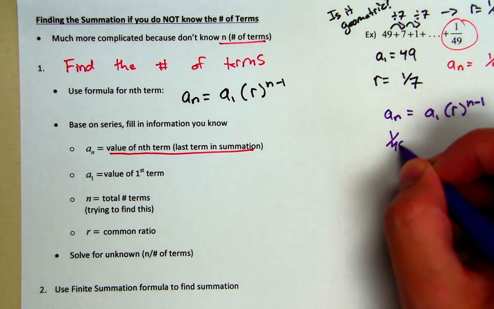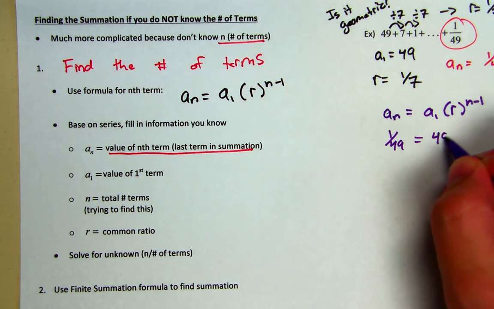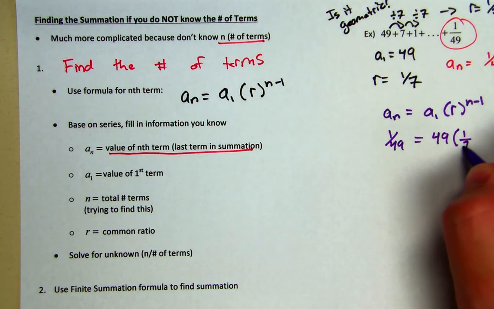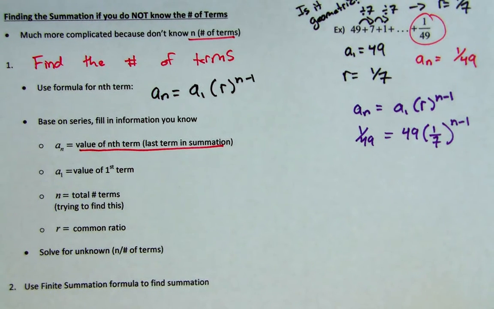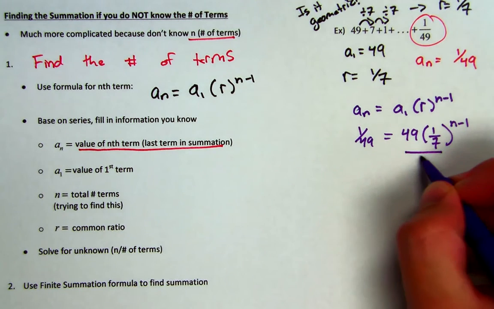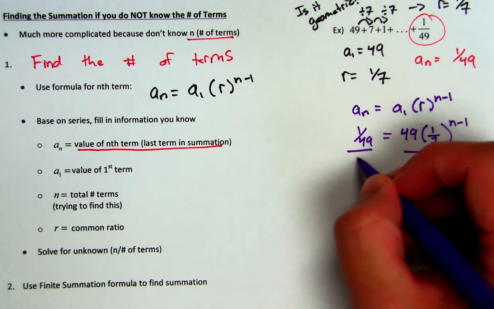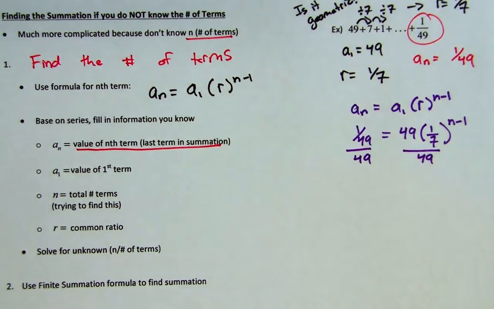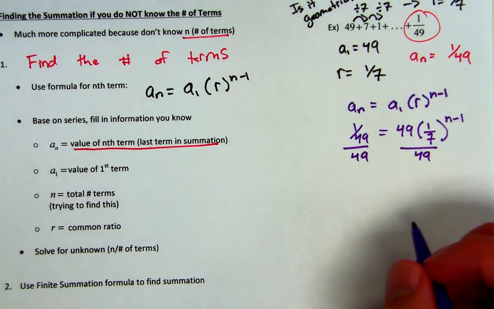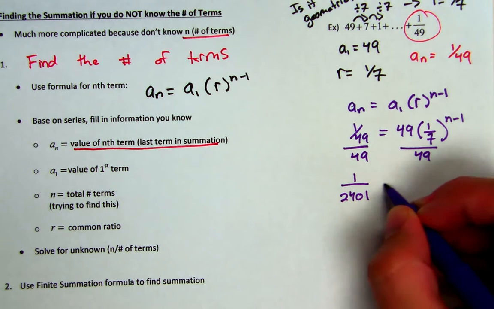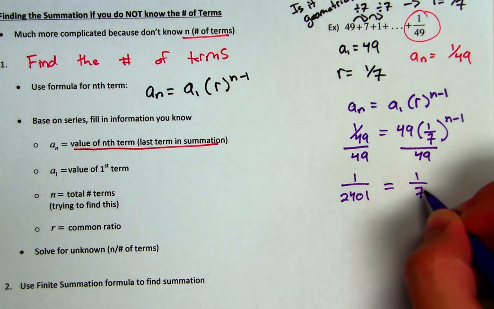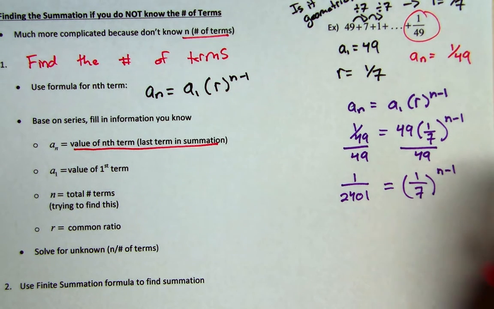So 1 over 49 equals a1 is 49, r is 1/7. We don't know n minus 1, so we're going to have to solve for that. First thing, divide by 49. 1 over 49 divided by 49 is going to be a really big number. 1 over 2,401 equals, now we have 1 over 7 raised to the n minus 1.